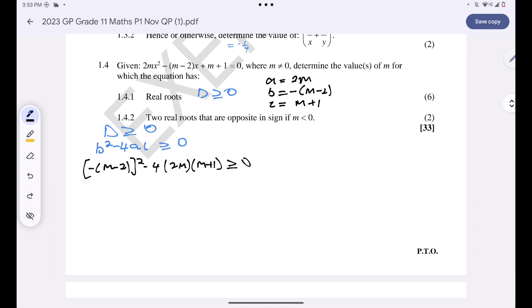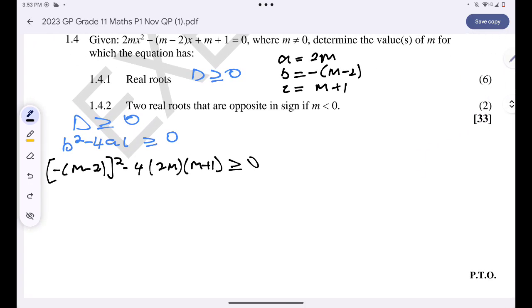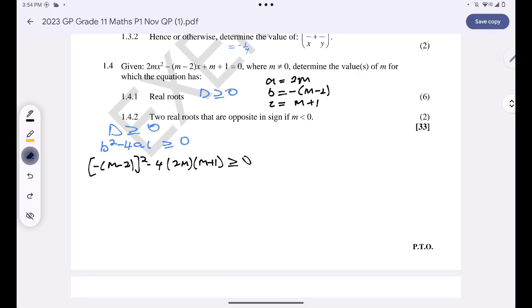Whenever I square anything, whether it's positive or negative, that thing will be positive. So even if I remove this sign over here, there's nothing wrong. But let me do this without skipping any step. So I'll simply have m minus 2 squared minus, this will give me 8m multiplied by m plus 1, greater or equal to 0.